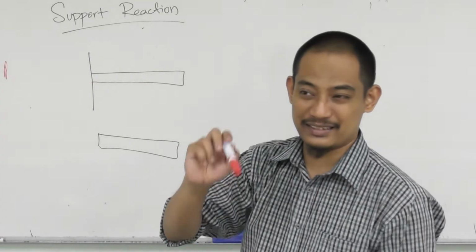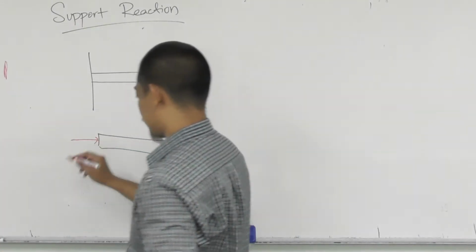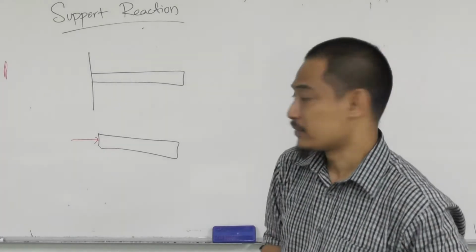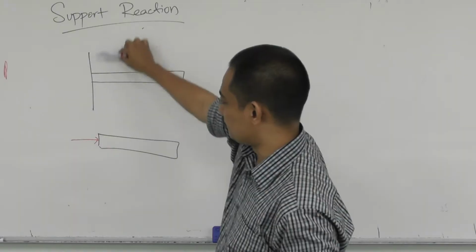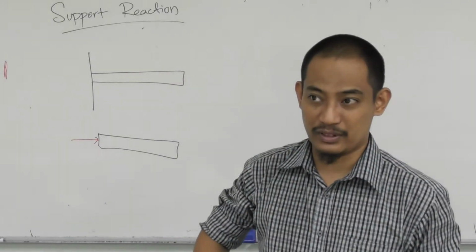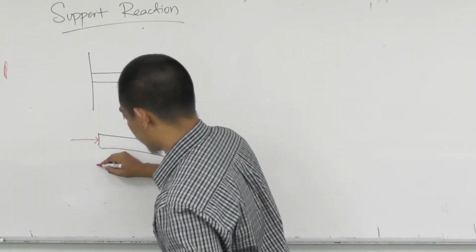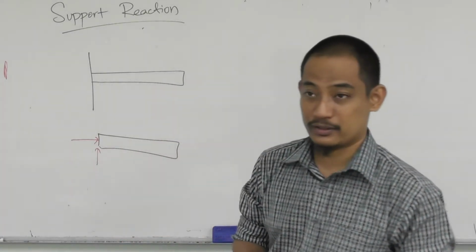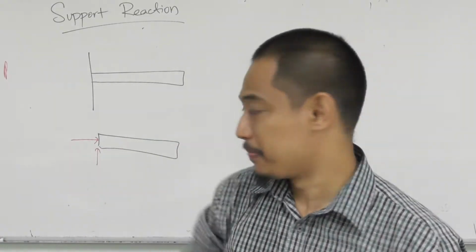It does not, right? It restricts. You cannot move, so you have one horizontal reaction force. Does this wall allow or prevent the movement up and down? It prevents, right? Hence, you have a vertical support reaction force that way, because it doesn't allow that movement.